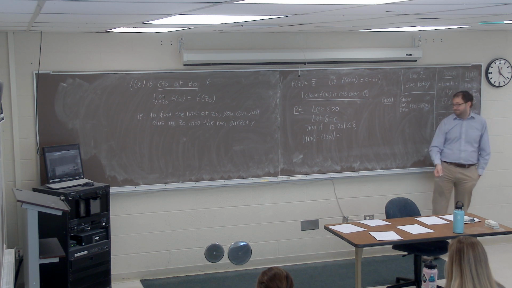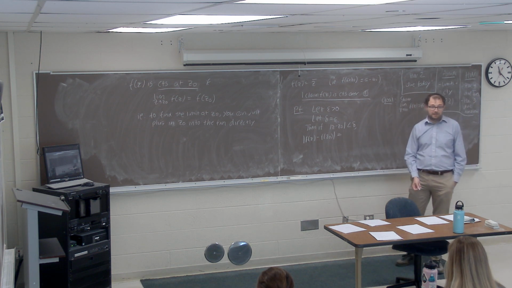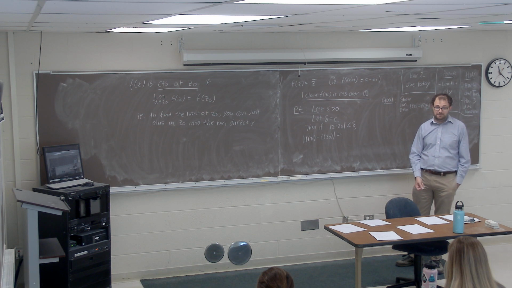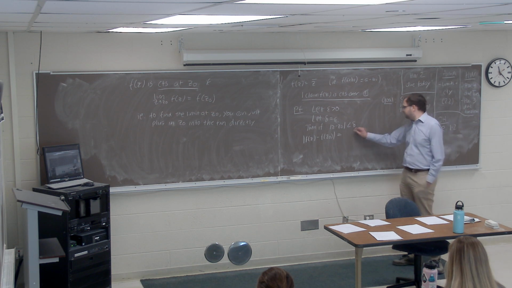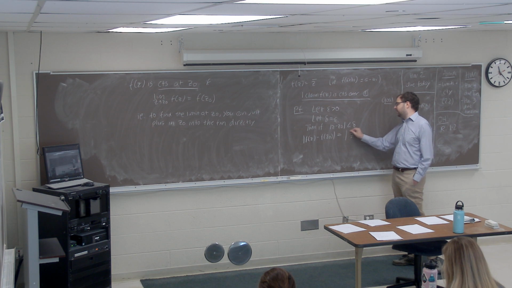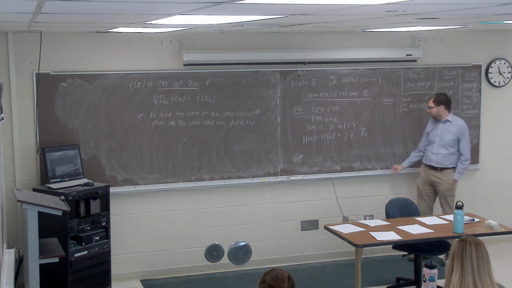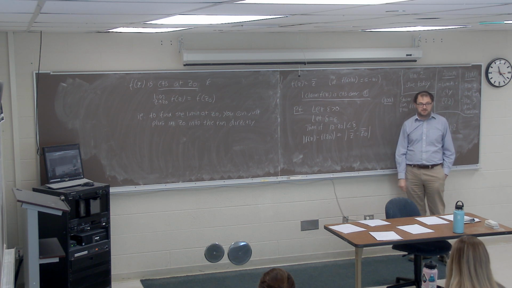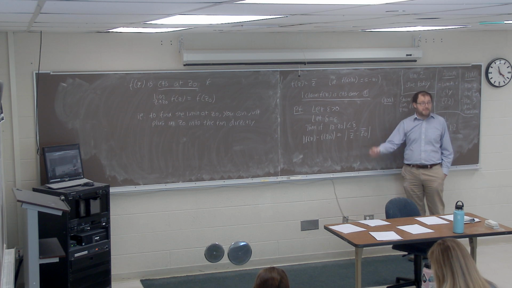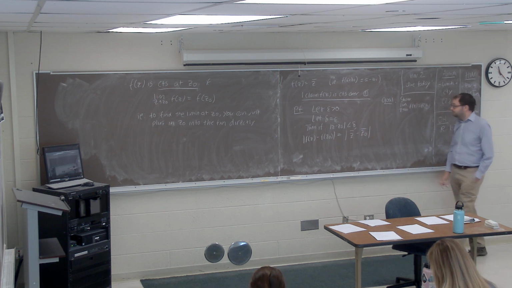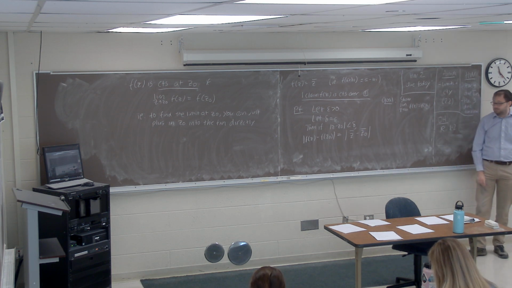Z bar. Yeah. What's f of z naught going to be? Z naught bar. Yep, so this is going to give us just z bar minus z naught bar. Z naught bar doesn't mean z doesn't have a bar over it, it means you have a z naught, and then that has a bar over that.